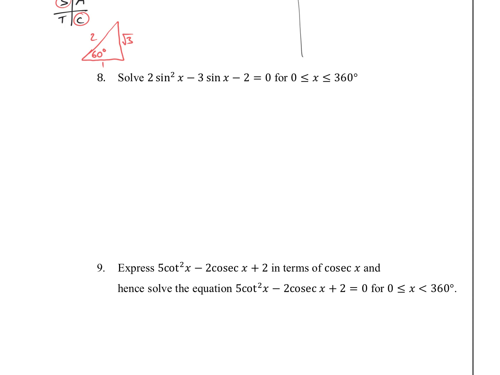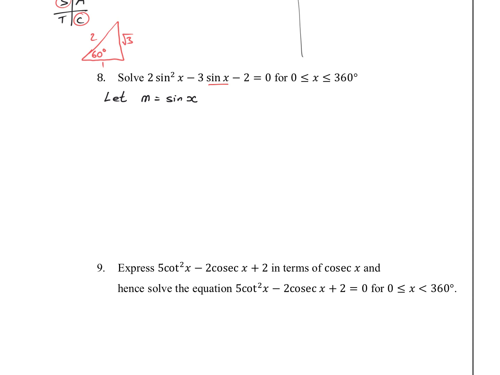All right. So we've identified that we've got a quadratic. We've actually got 3 terms here as well. So we're actually going to have a quadratic trinomial. What we're going to do is let sine x be equal to something. So let's use the letter m equal sine x.